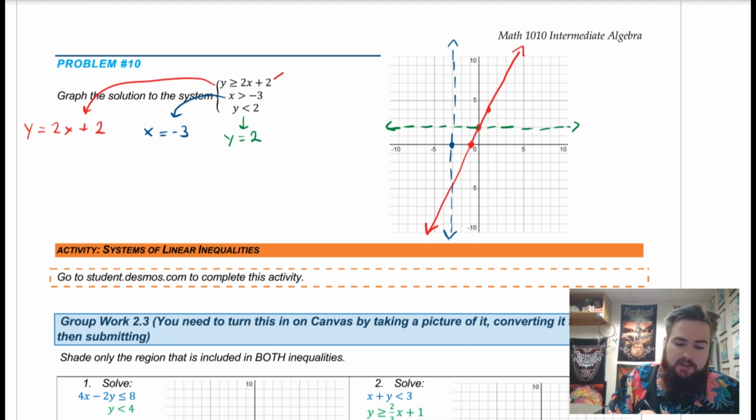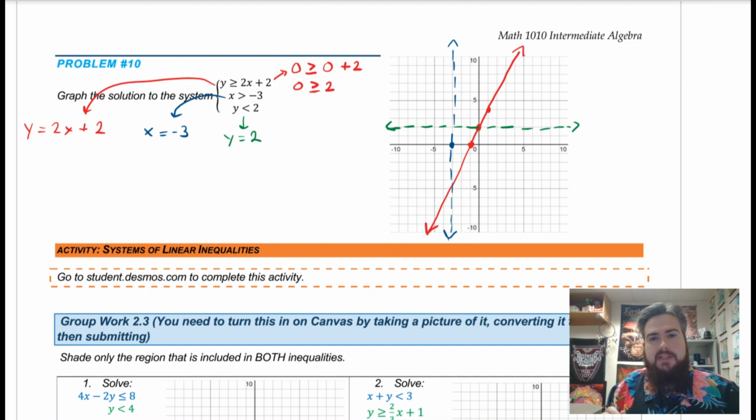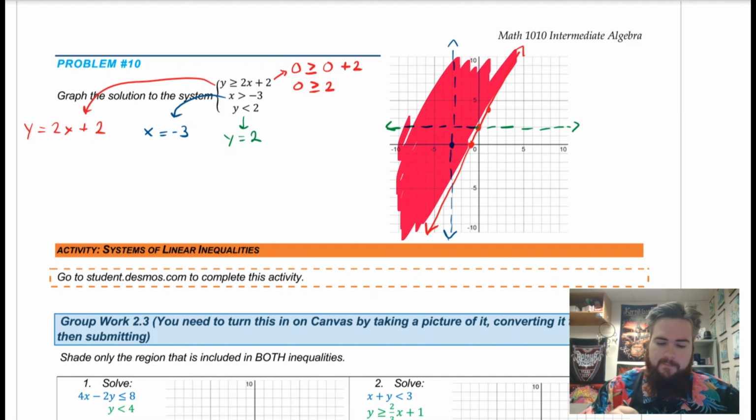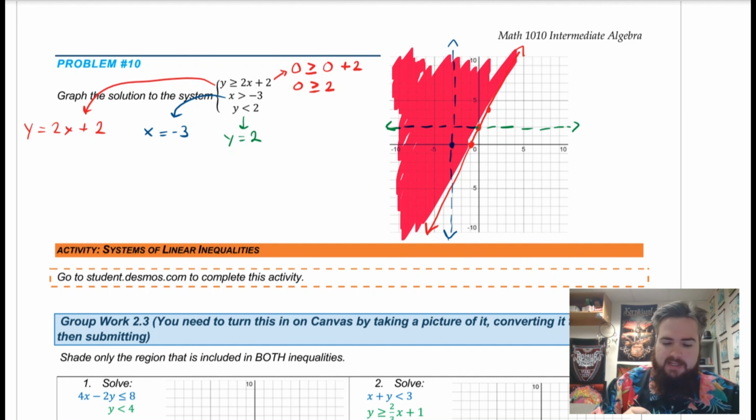If I try 0 and 0 for x and y in that first inequality, I will get 0 greater than or equal to 2 times 0 plus 2, or 0 greater than or equal to 2. That means the side that includes 0, 0 should not be included for that first inequality. So I'm going to shade the part above, as 0 is not greater than or equal to 2.